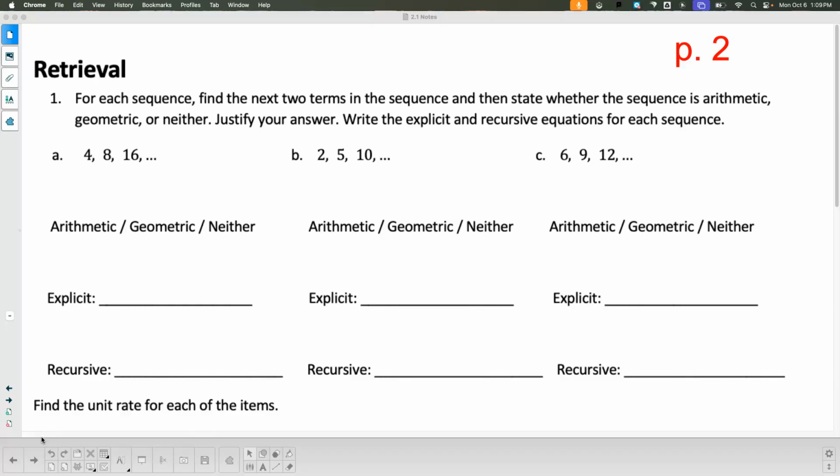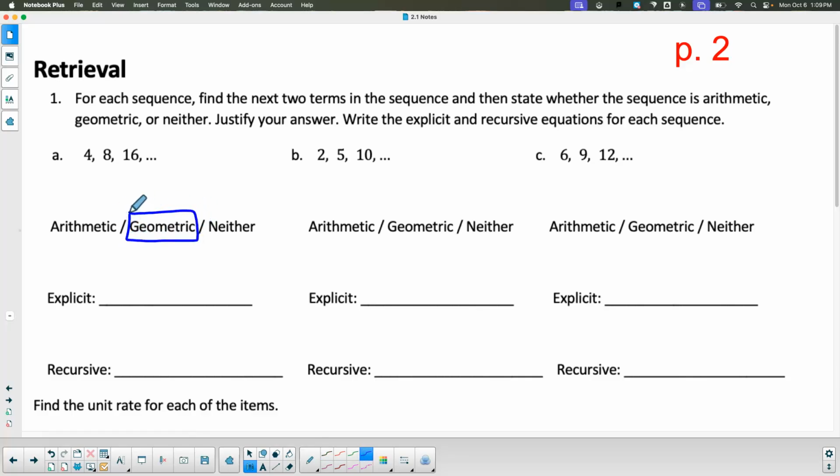First one, part A. That's what I mean by the first one. It's all in number 1. Part A, arithmetic, geometric, or neither? Geometric, because we are multiplying everything by 2. So that means my recursive would be f of n equals 2 times f of n minus 1.